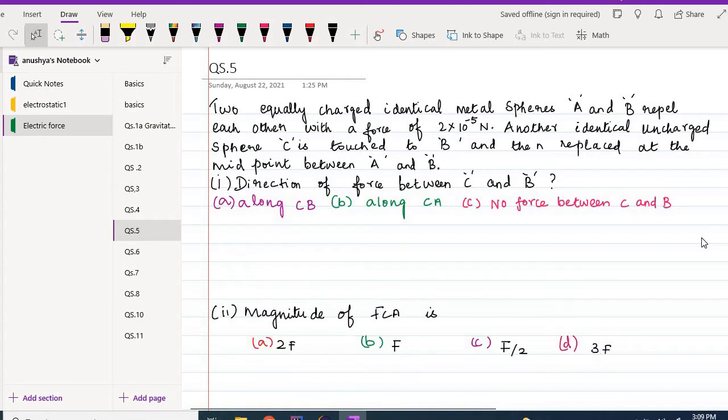Next question: two equally charged identical metal spheres A and B repel each other with a force of 2 into 10 to the power of minus 5 Newton.